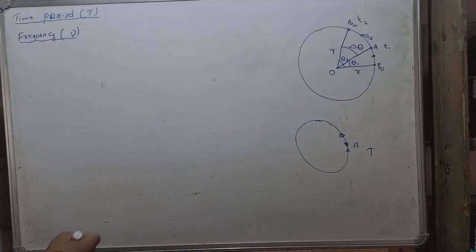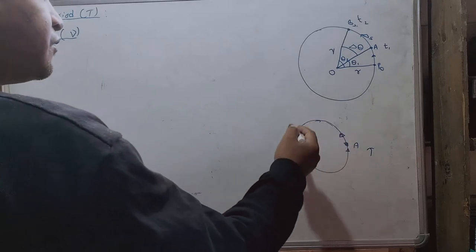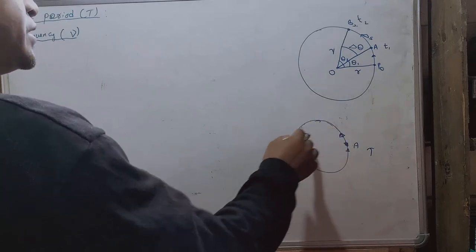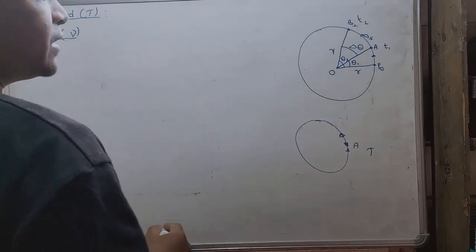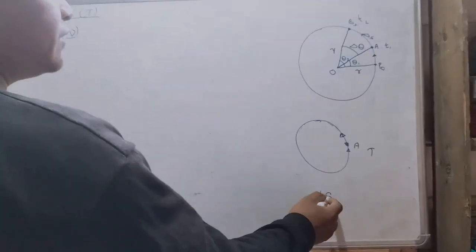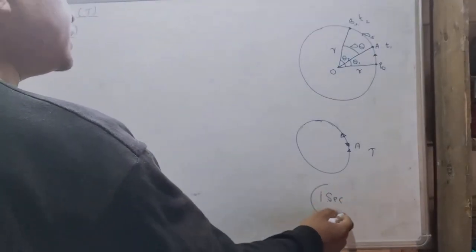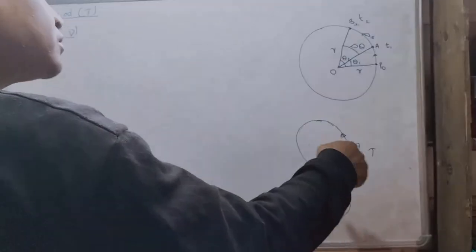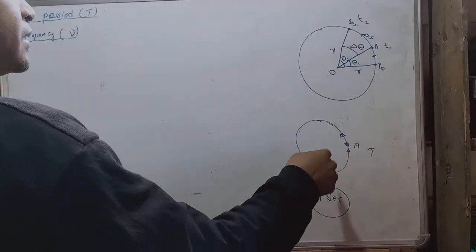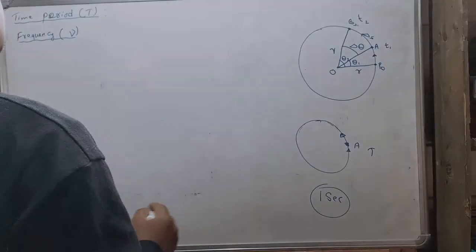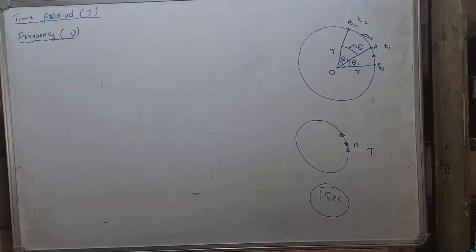Frequency is defined as the number of complete rotations in 1 second. Suppose the time is given to be 1 second. Within this 1 second, how many rotations can the particle complete? That is known as frequency.